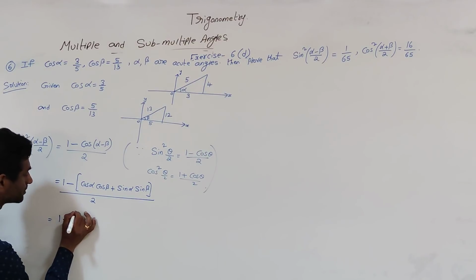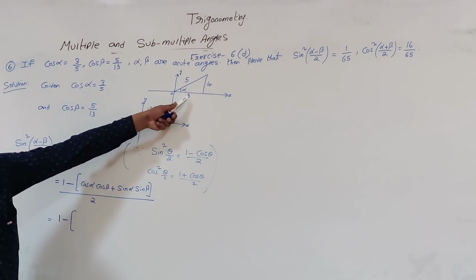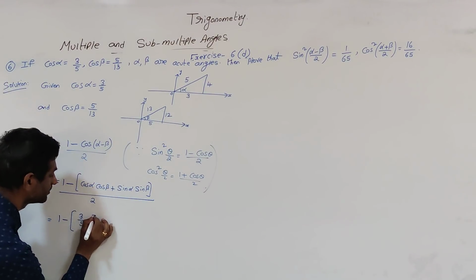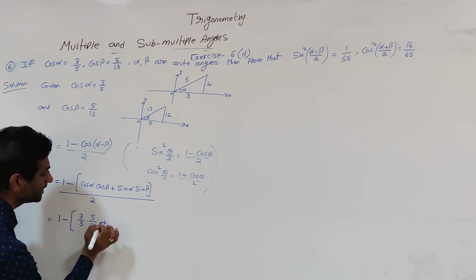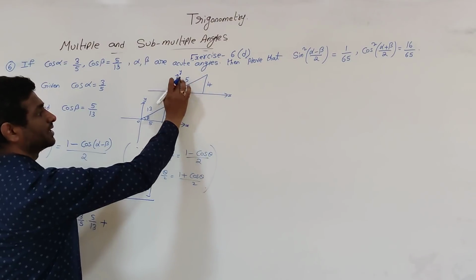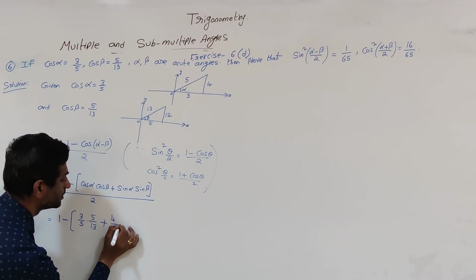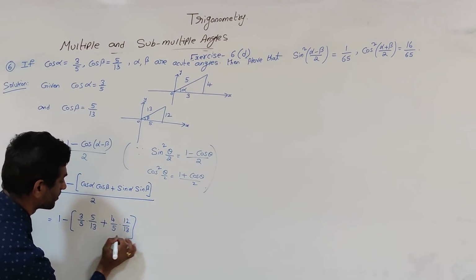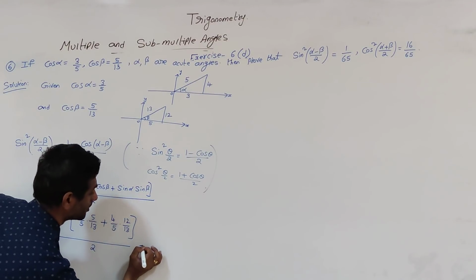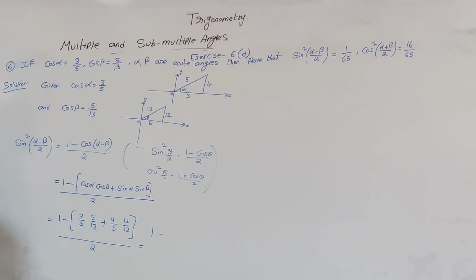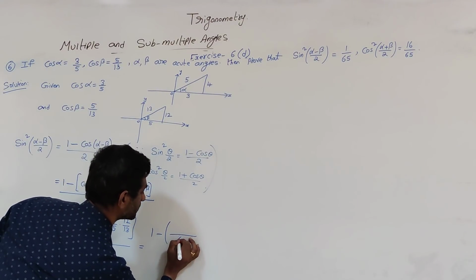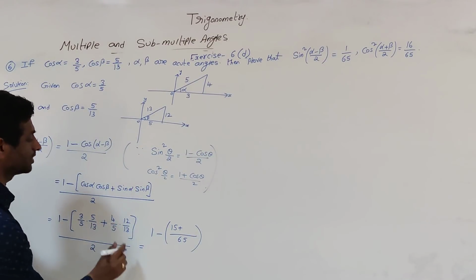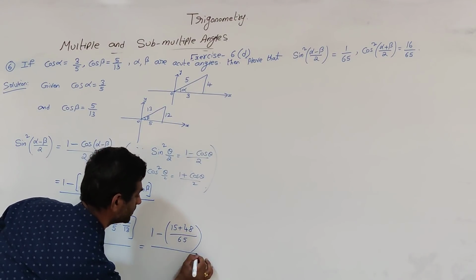1 minus, cos alpha is 3 by 5, cos beta is 5 by 13, plus sin alpha, opposite side by hypotenuse, 4 by 5, into sin beta, 12 by 13, by 2. 1 minus, the LCM is 65, so it will be 65 minus 15 plus 48 by 2.